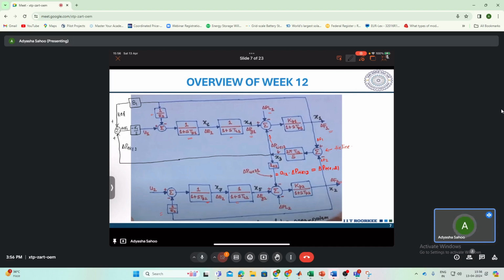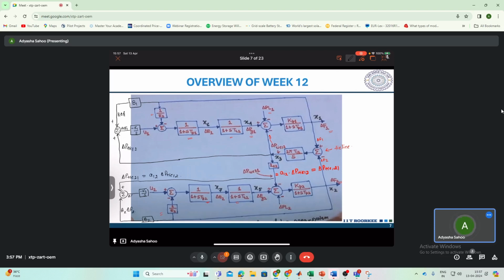Similarly for area 2, again here I'll have minus K2 by S. So this is your delta P tie 21, which is the same as your A12 delta P tie 12, and here I'll add bias B2 to delta F. So this is your B2 delta F2.